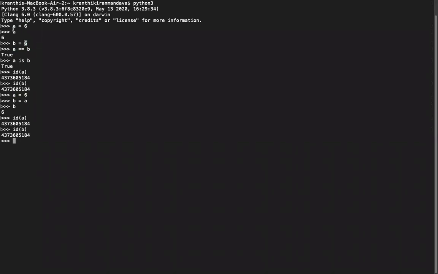That is the reason why I'm not saying B is equal to A, but I am telling B is equal to 6. But fortunately, A and B are having the same values. This scenario is entirely different from the scenario which I am showing here. When I said that A is equal to 6 and B is equal to A, I am perfectly calling it that B should always have the equal value of A.